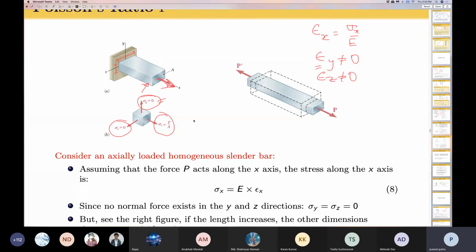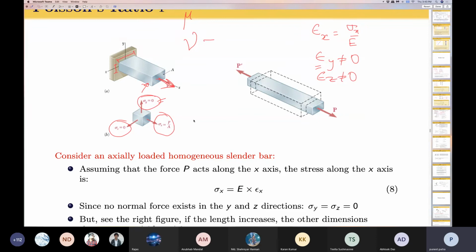Now, how do I characterize the value of this epsilon y? In order to do that, I introduce a concept known as the Poisson's ratio, which is usually denoted by the Greek letter nu, or sometimes by mu, but we prefer using nu.